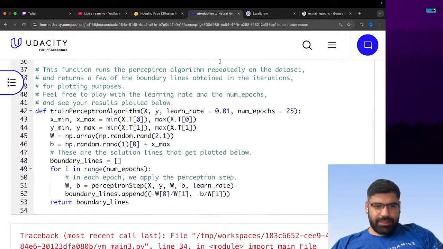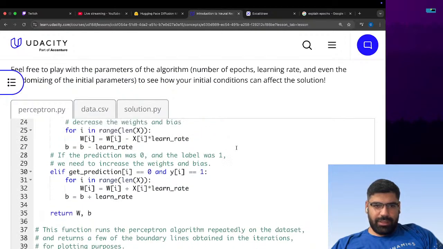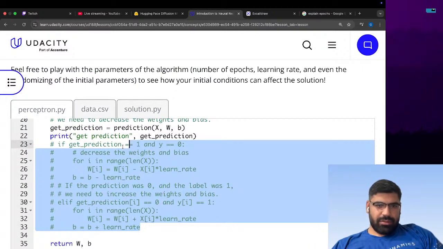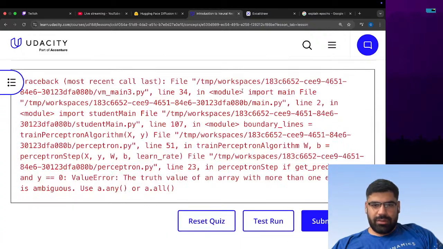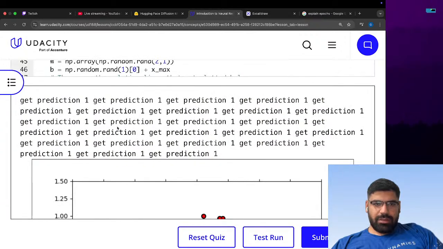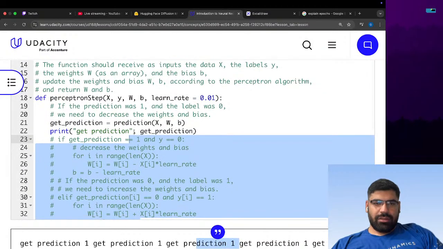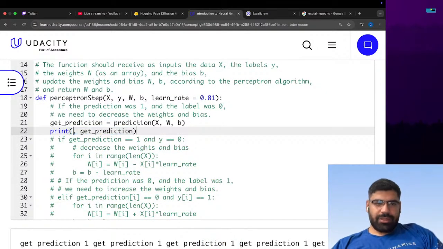So we're getting the prediction. Let's see what the output will be, and I'll just remove this part for now. Let's run get prediction one, get prediction one.